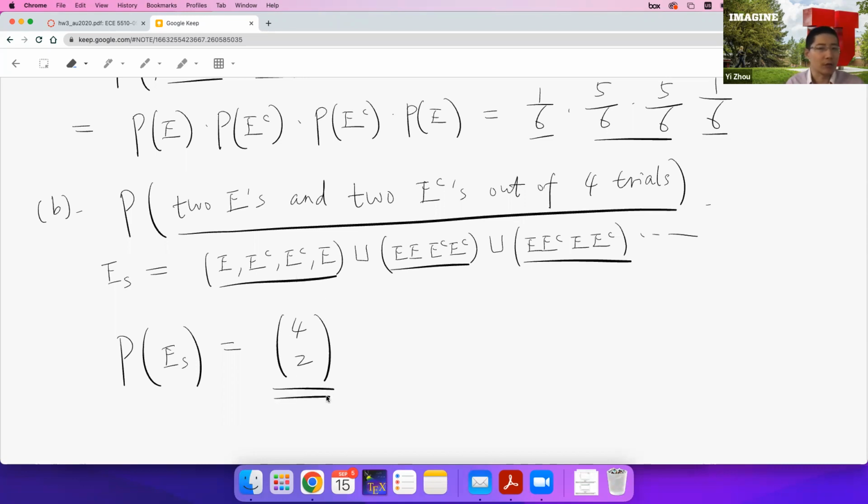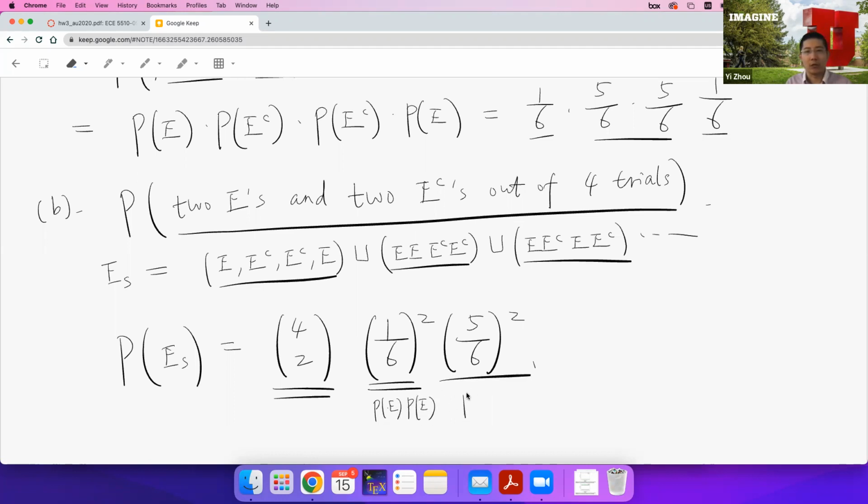So in total, I have this many combinations. For each combination, we have the same probability because each has 2 E's and 2 E complements. This is the probability of 2 E's, and this is the probability of seeing 2 E complements.